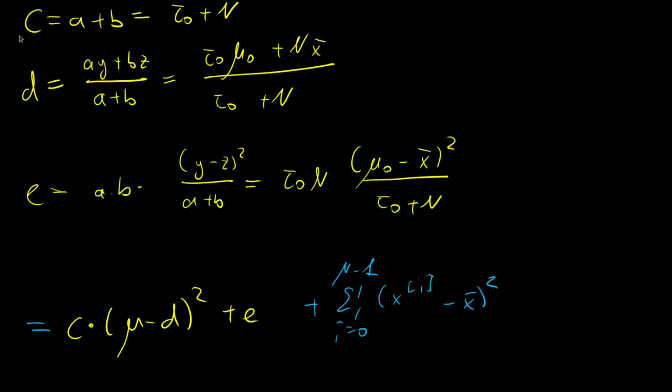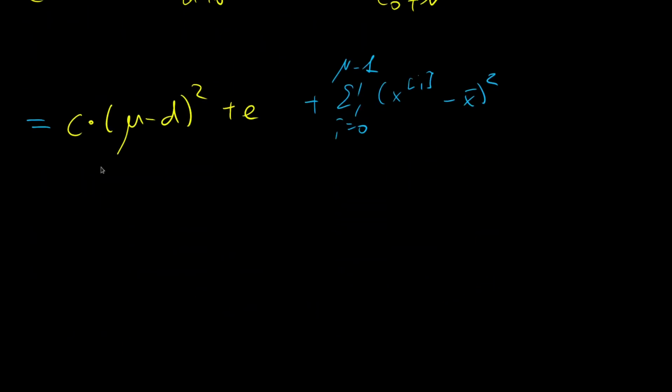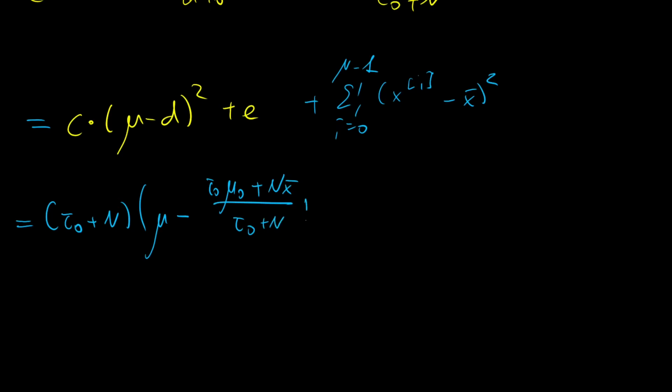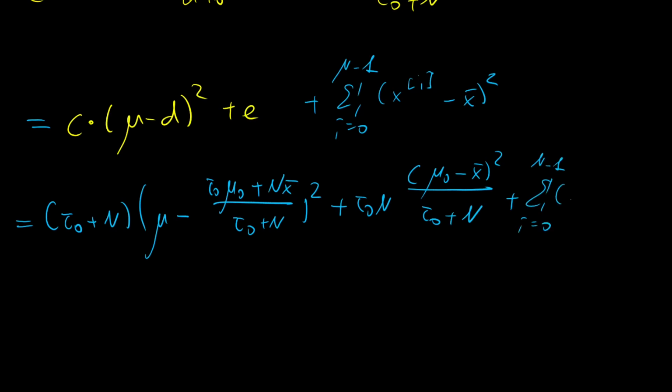And then let's plug in the values that we calculated here, and we get accordingly for the c, tau 0 plus n, then (mu minus (tau 0 mu 0 plus n times x bar) over (tau 0 plus n)) in brackets squared, then plus the e, which was tau 0 n, and then in brackets (mu 0 minus x bar) squared over (tau 0 plus n), and then plus this term here, which was the summation from i=0 to capital N minus 1 over (xi minus x bar) in brackets squared.